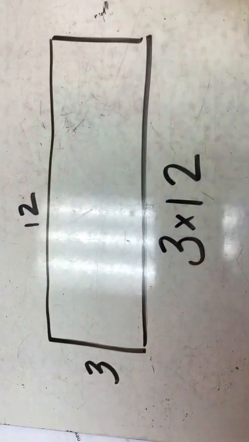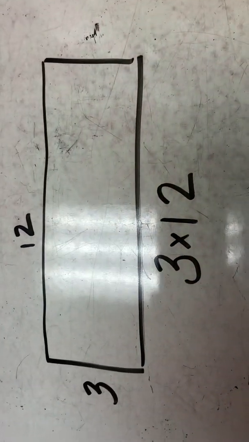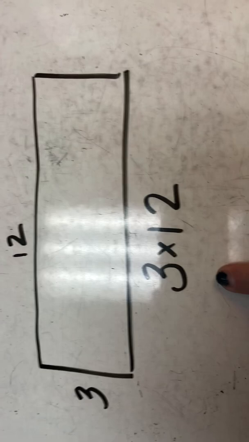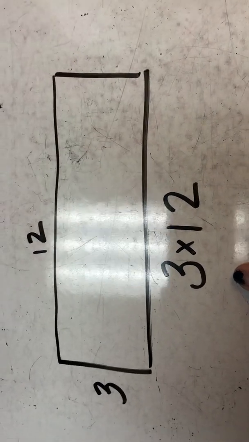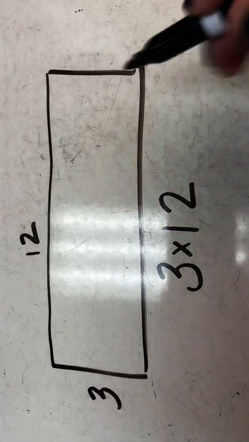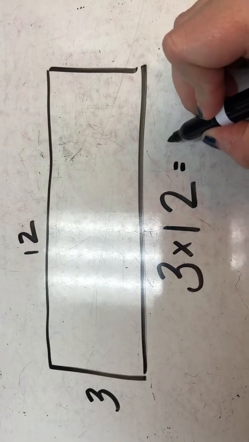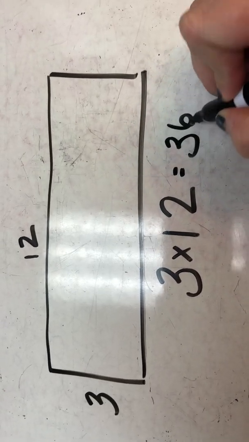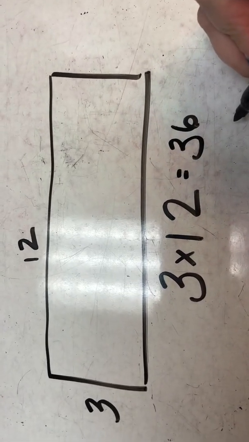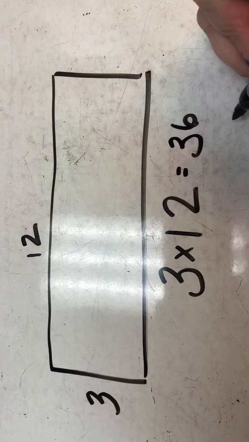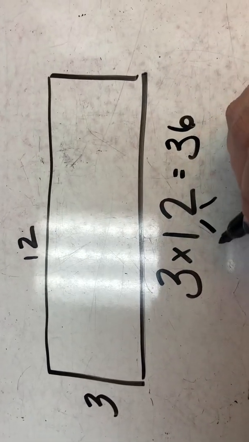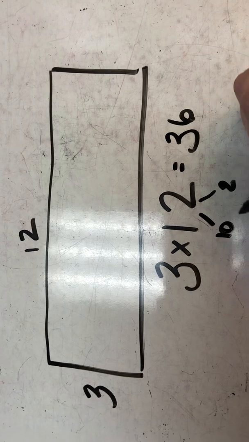Okay. So we should know our 12's facts. We definitely should know our 3's facts to 12. But this is something that we already have worked on today in class, so you would know that this is 36. Okay. And so the area of the rectangle, you could break up your 12 into 10 and 2, right?